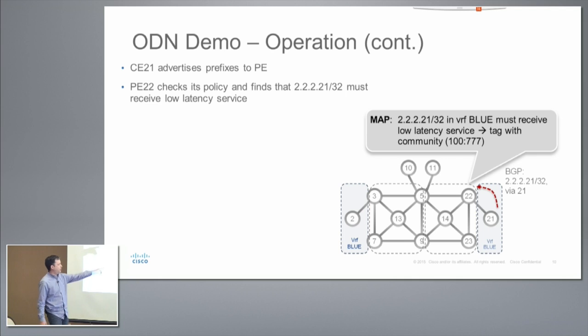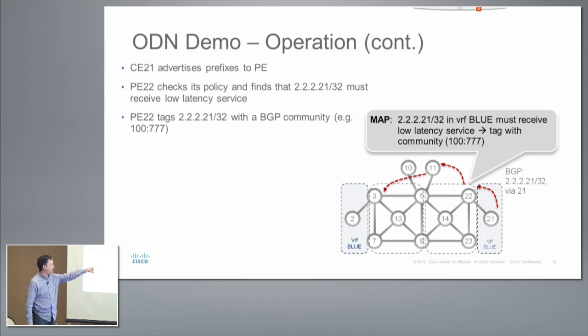So now what the far end PE22 will do is tag that advertisement with a regular BGP extended community, let's say 100:777. The route will progress in the operator network through the route reflector 11. It gets to 3.